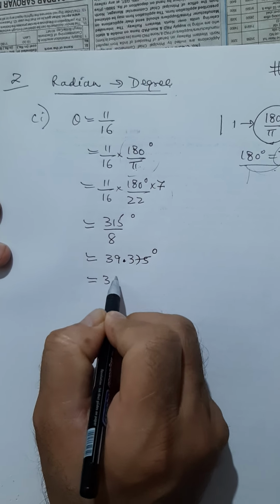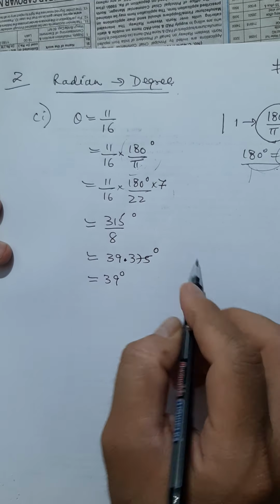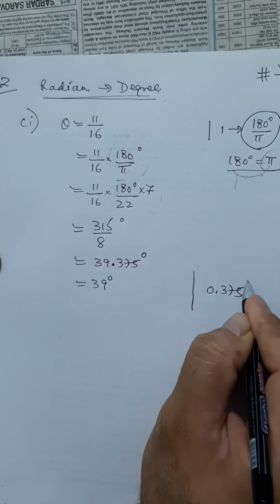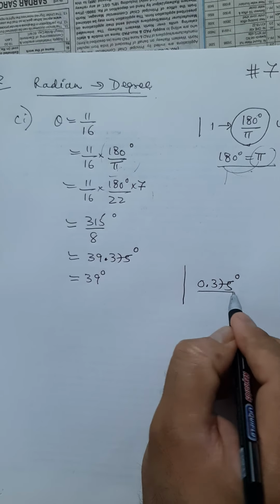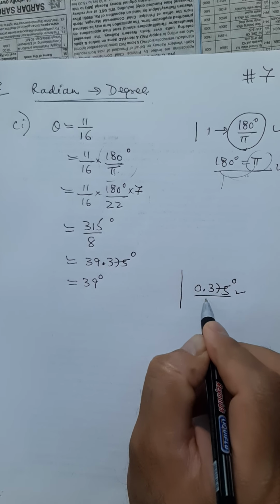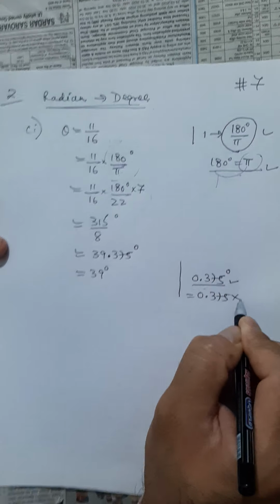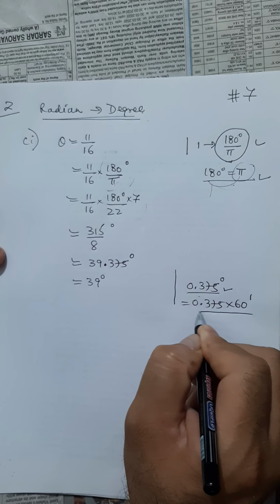So this will be, as I explained, 39 degree. Now this 0.375 is in degree. I want to convert it into minutes, so I'll write 0.375 into 60. Now it is in minutes, remember.